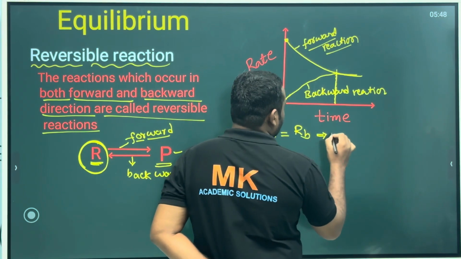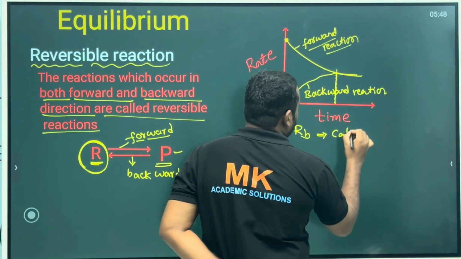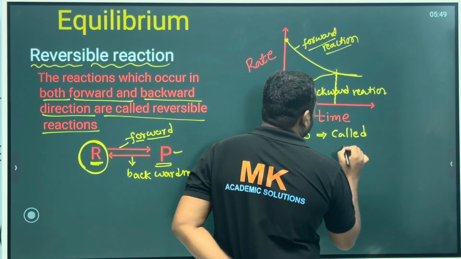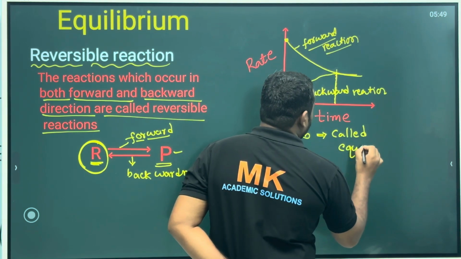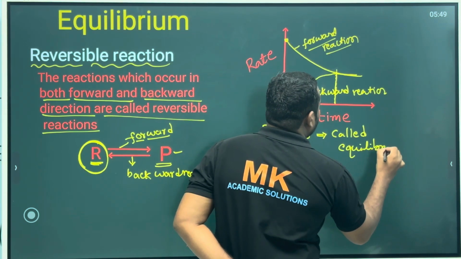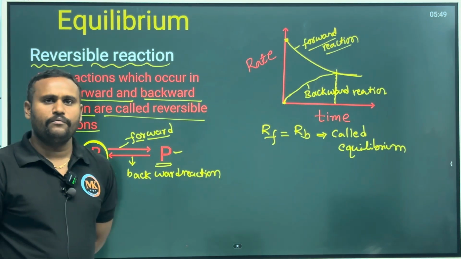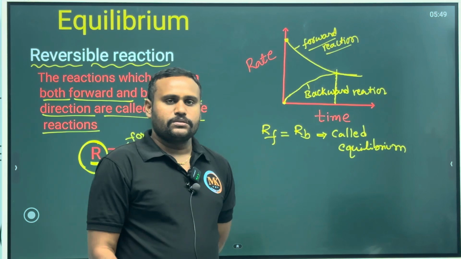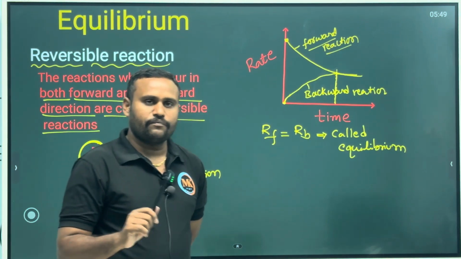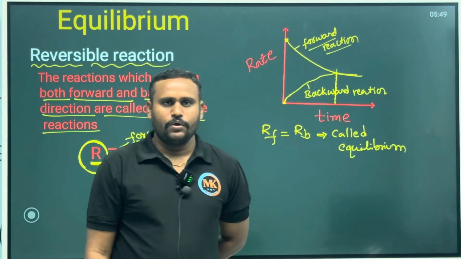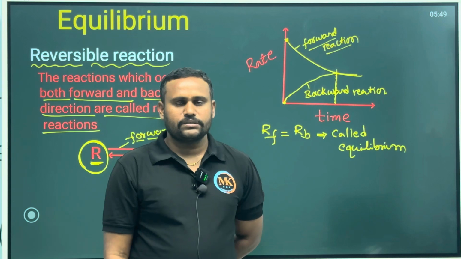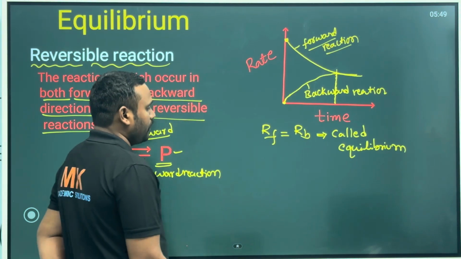This condition is called equilibrium. Now how can we define equilibrium? In a reversible reaction, if the rate of forward reaction is equal to the rate of backward reaction, that is called equilibrium.